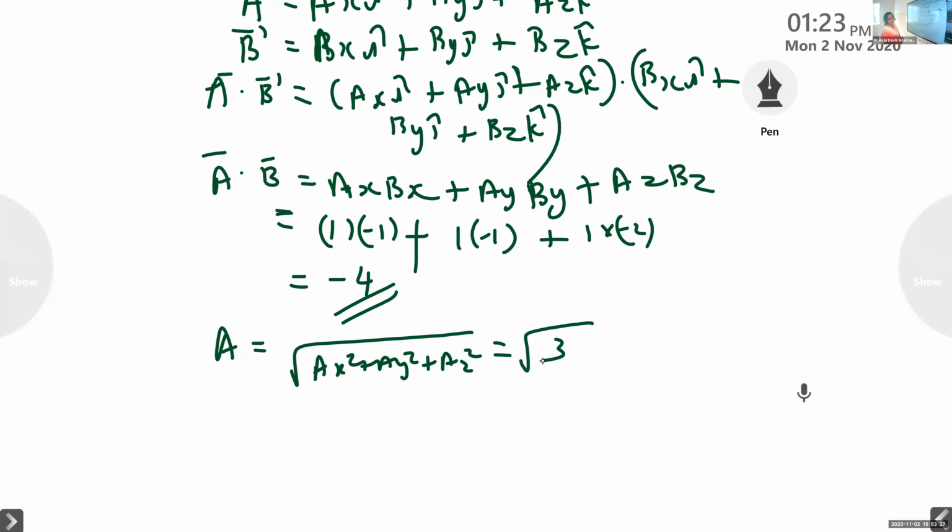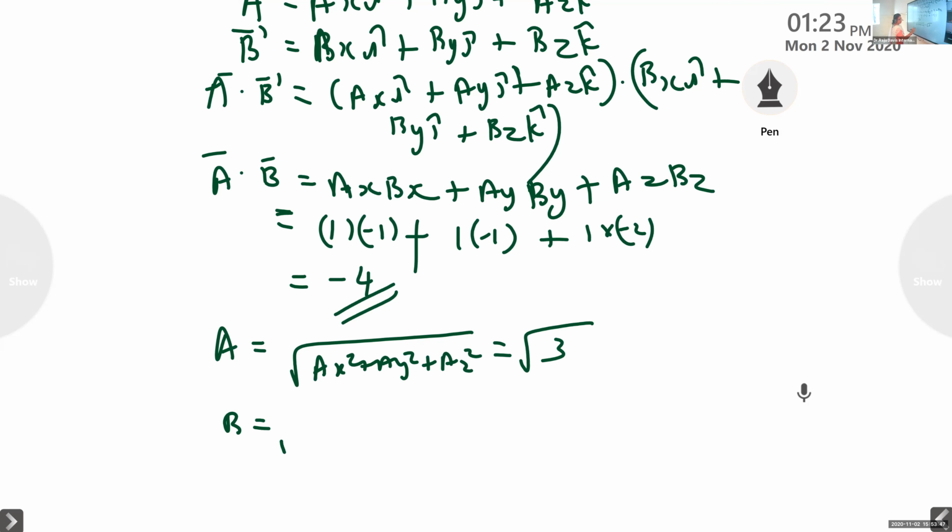Do I have to write? 1 squared plus 1 squared plus 1 squared. Anyone have a doubt why I got 3? Previous problem, what did you do? Take the first vector, i plus j plus k, write the constants, 1 squared plus 1 squared plus 1 squared, √3.